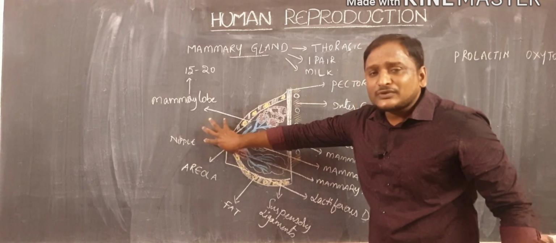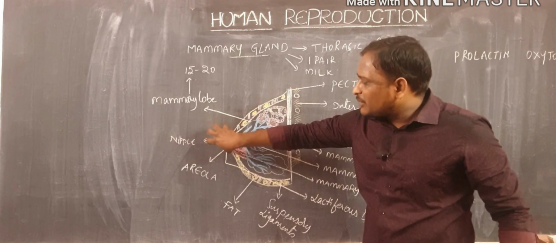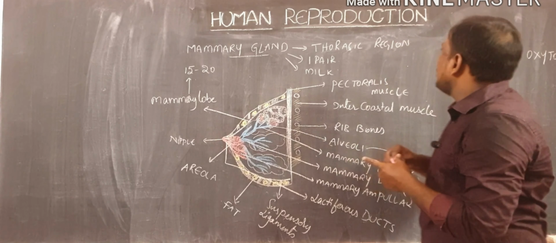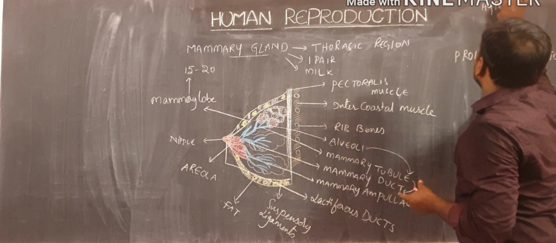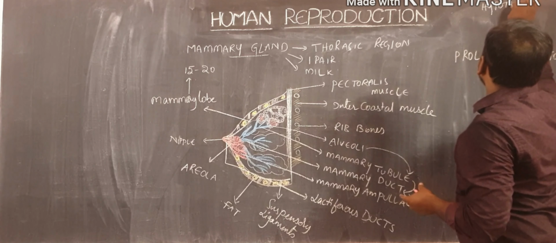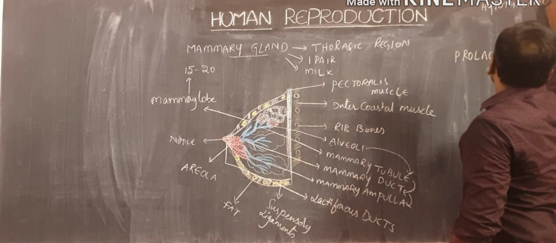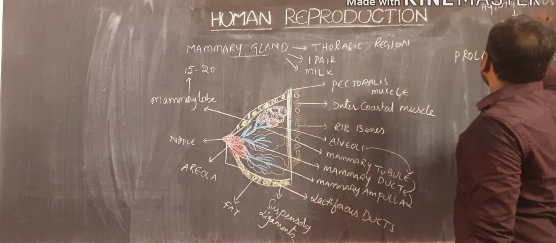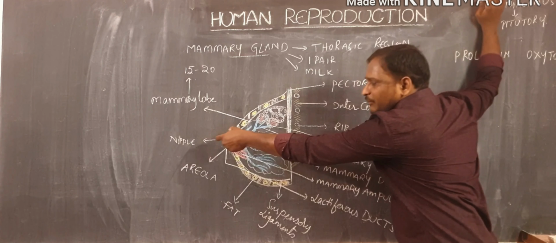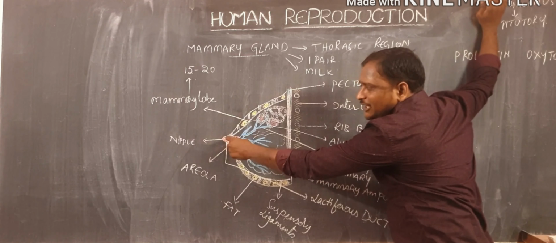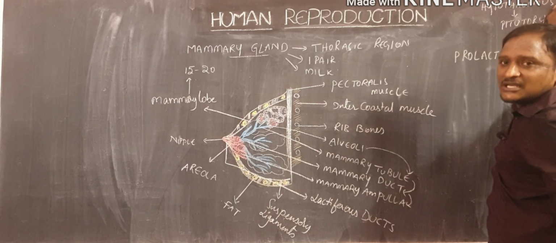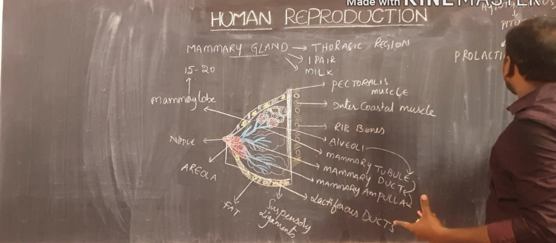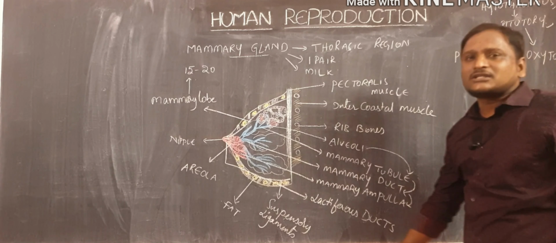When the baby is trying to suck the milk from the breast or mammary gland, that tickling movement by the baby stimulates the hypothalamus. The hypothalamus gives instructions to the pituitary. So the pituitary releases two types of hormones, one is prolactin and the second one is oxytocin.